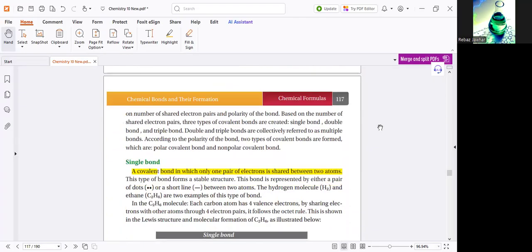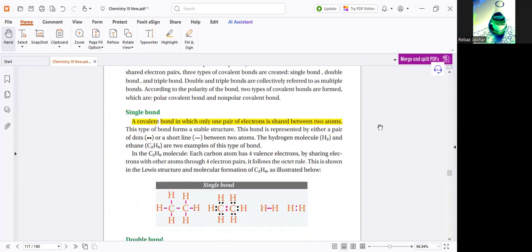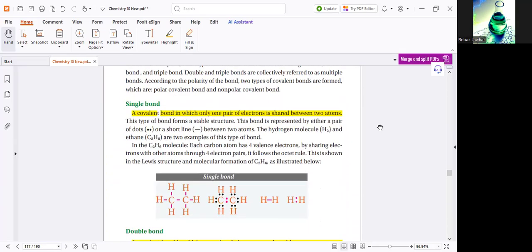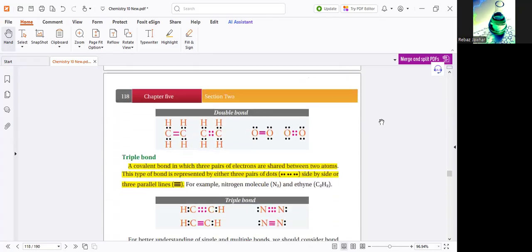And depending on the pairs of electrons shared between two atoms, there are three main classes of covalent bond: single bond, double bond, and triple bond.